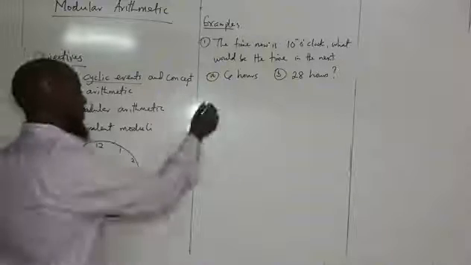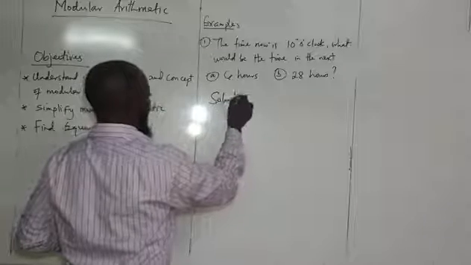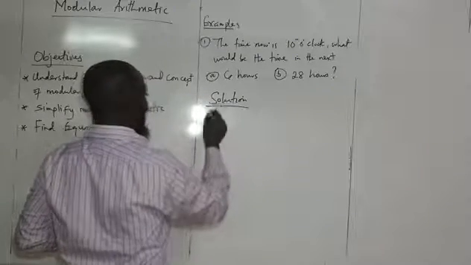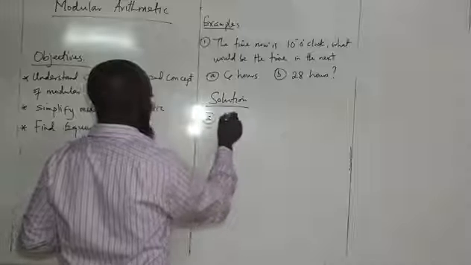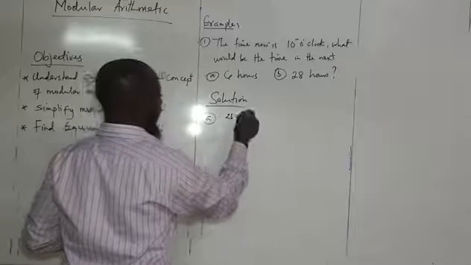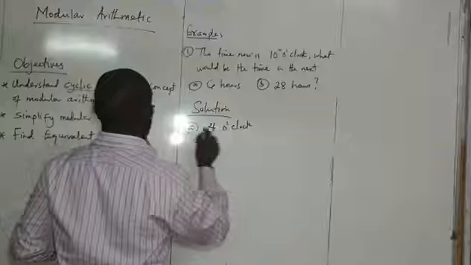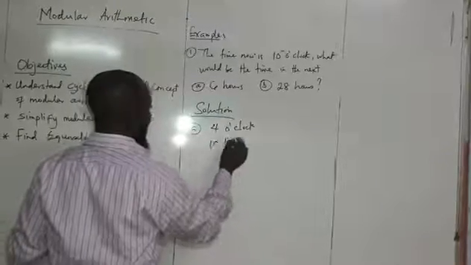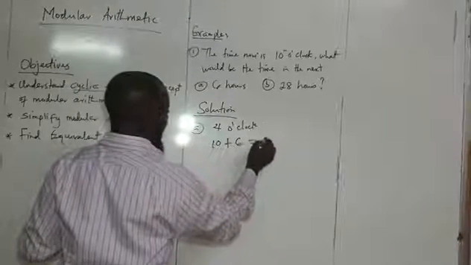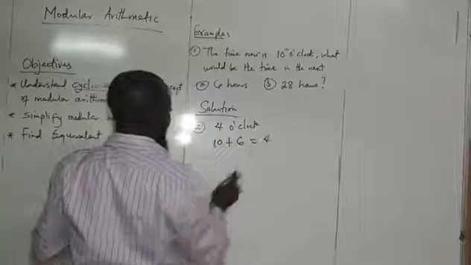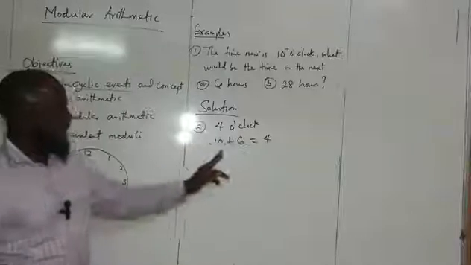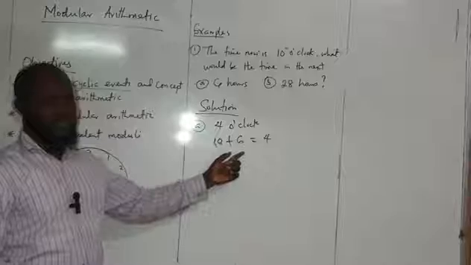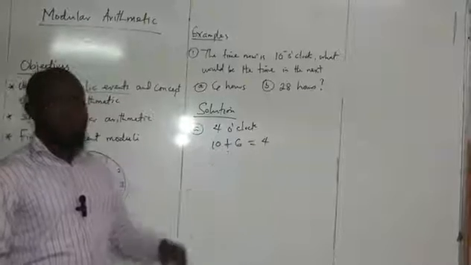So that means for A, once we move, the next hour will be 4 o'clock. We are saying 10 plus 6 hours gives 4 o'clock. You understand? But if you look at this addition, 10 plus 6, how would it be 4?